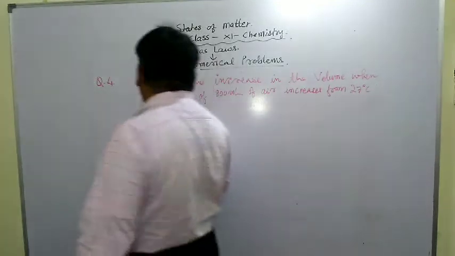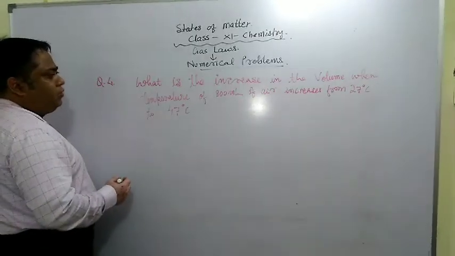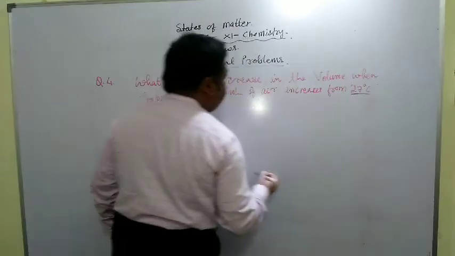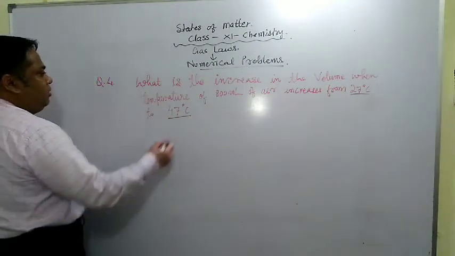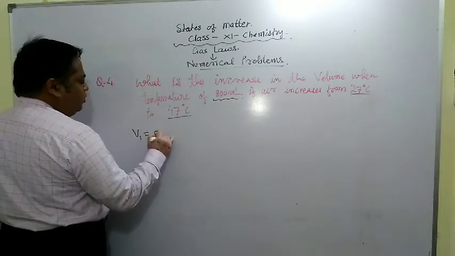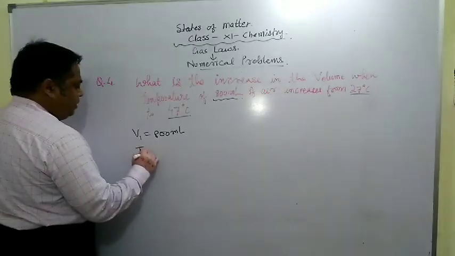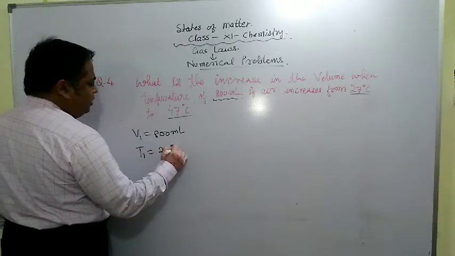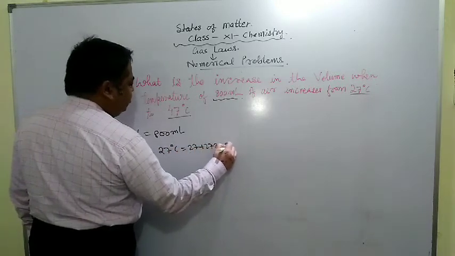Now this question is, what is the increase in the volume when the temperature of the air increases from 27 degrees C to 47 degrees C. So initial volume V1 is equal to 800 ml and corresponding temperature T1 is equal to 27 degrees C. That means 27 plus 273 will be equal to 300 Kelvin.